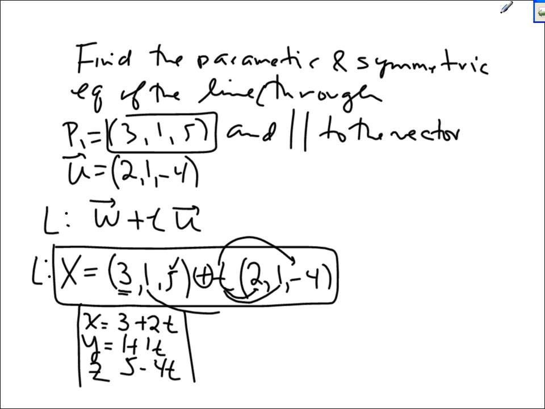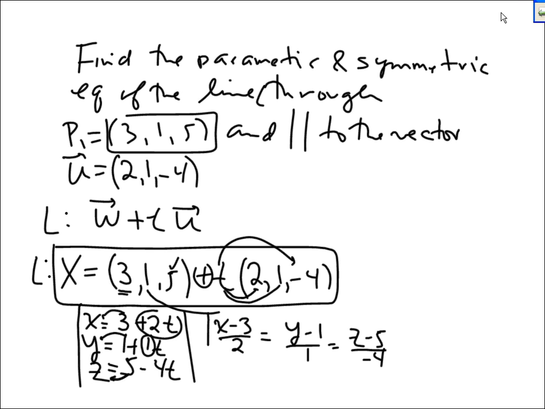Now, if I solve for t in the first equation, I bring this 3 over, so x minus 3 is now 2t, I'll divide by 2. So that's what t equals. In the second equation, I bring the 1 over as negative 1, and then I divide by 1. Same game with z: bring the 5 over as negative 5, and then divide by negative 4. And that is symmetric.